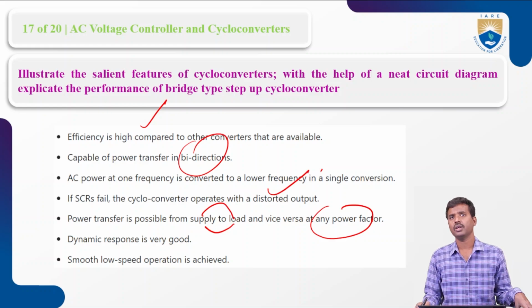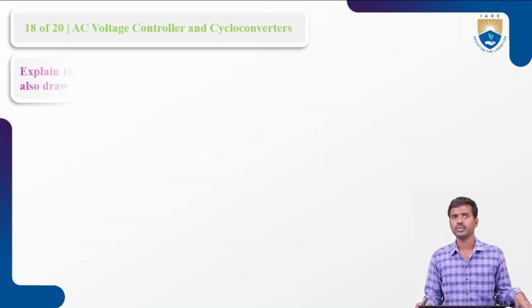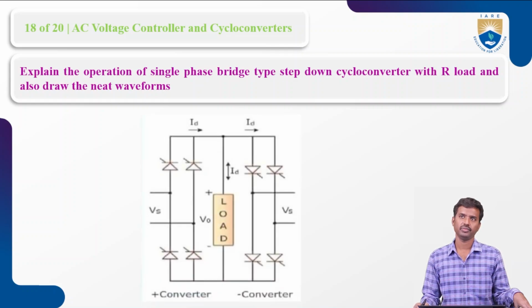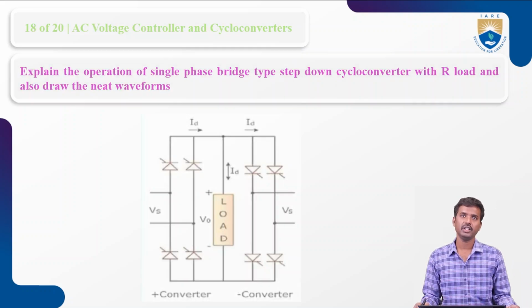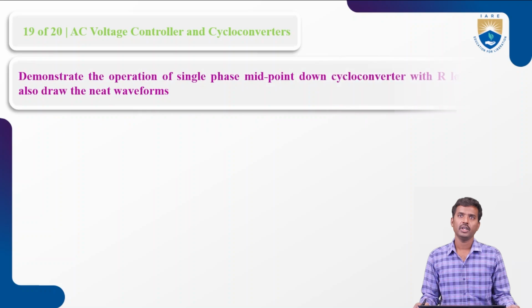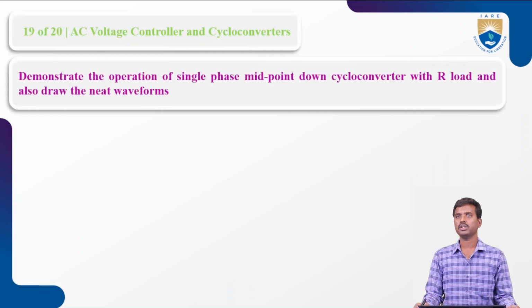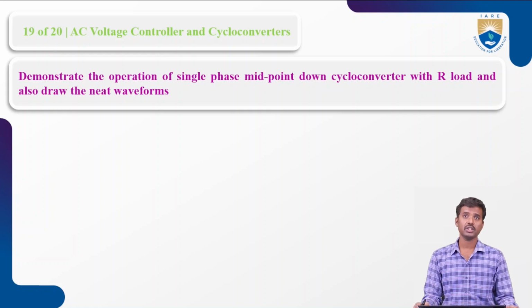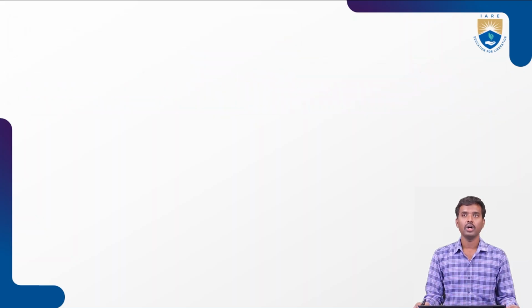Next, explain the operation of the bridge type step down cycloconverter with R load, which we also discussed in the previous lecture. Then the 19th question: demonstrate the operation of the single phase midpoint cycloconverter with R and RL load and draw the circuit diagram. We discussed this class too, so just go through that video in the previous lecture.